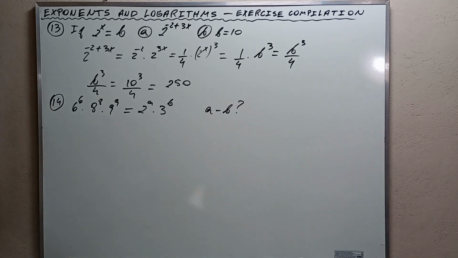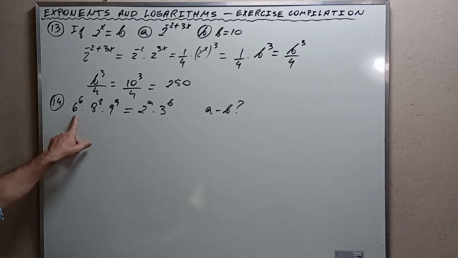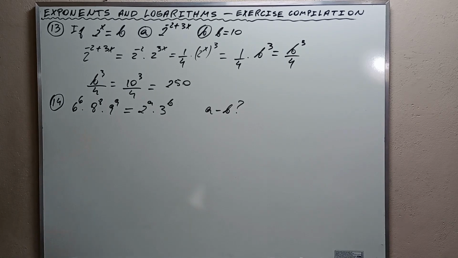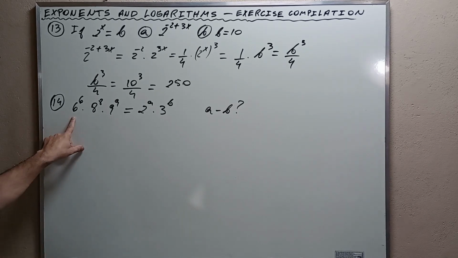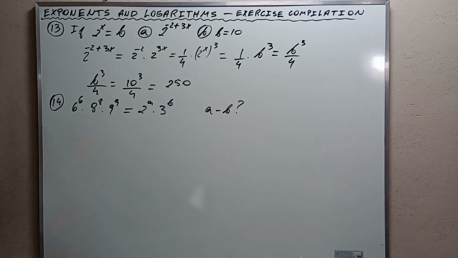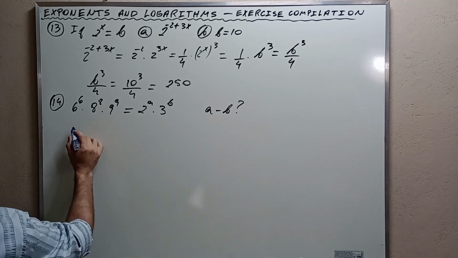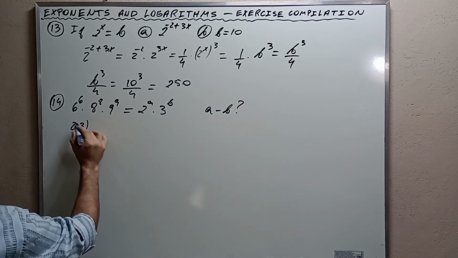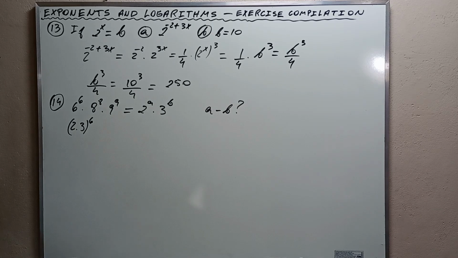Let's firstly convert the numbers here into powers of 2 and 3. Okay? So 6 is 2 times 3, isn't it? Then we're gonna have that it is 2 times 3 to the 6th power. And how about 8? 8 is 2 cubed, isn't it?